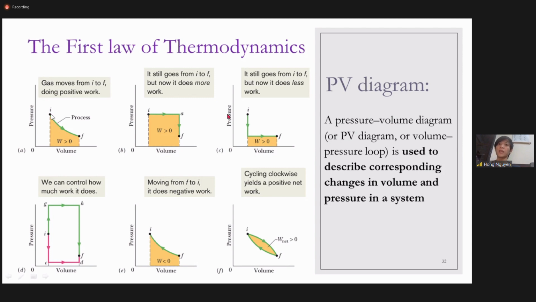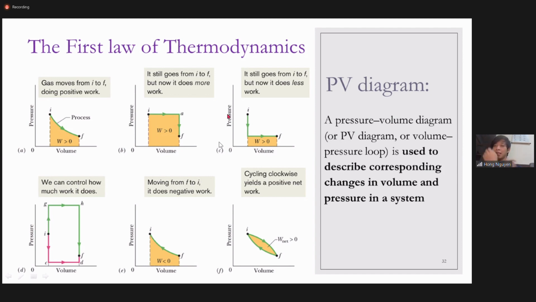You can see here, from the same initial state to the same final state, we can have a process that is like this, but we can also go a different way. We can go like this or like this. Then what will change? The work will change.